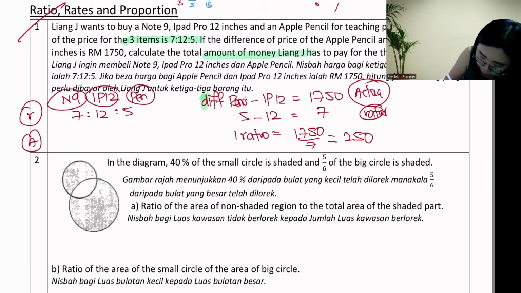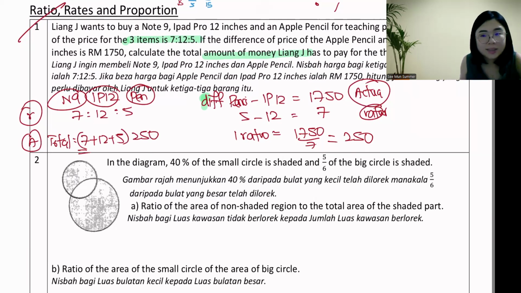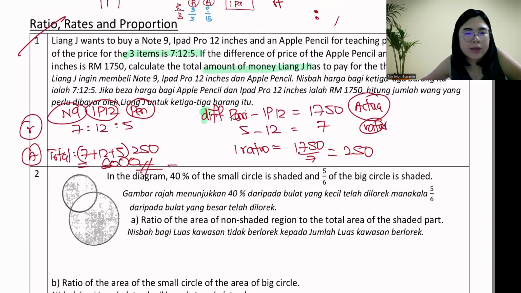Total amount is 7 plus 12 plus 5, times 250. As simple as that. So it will be 6,000. Very rich, Liang Jie. He spent 6,000 to buy 3 of them. So far, so good.